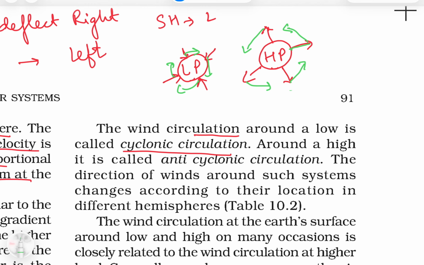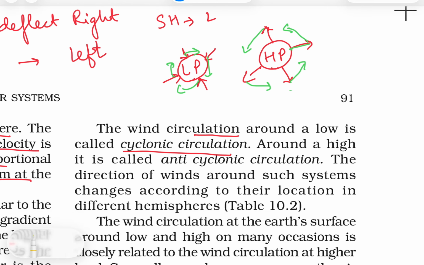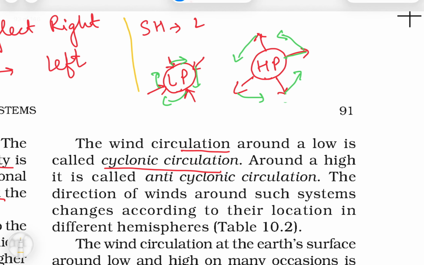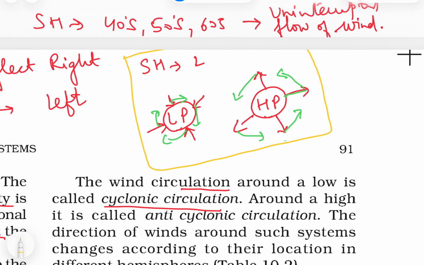So here what we have concluded. In the case of the southern hemisphere, formation of the cyclones, how they will form. In the low pressure areas, and this is the high pressure areas.